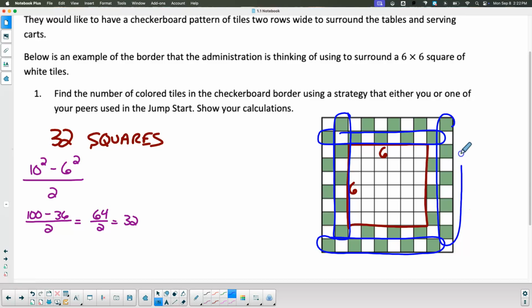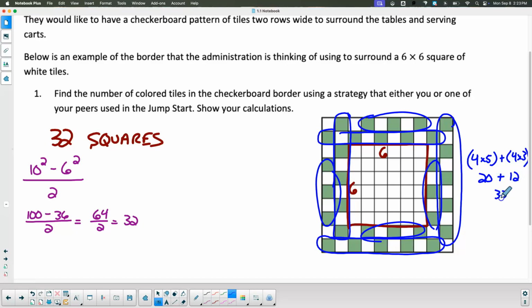So there's my 4 fives. And I still have 4 groups of 3. 4 times 5 is 20. 4 times 3 is 12. 20 plus 12 is 32.